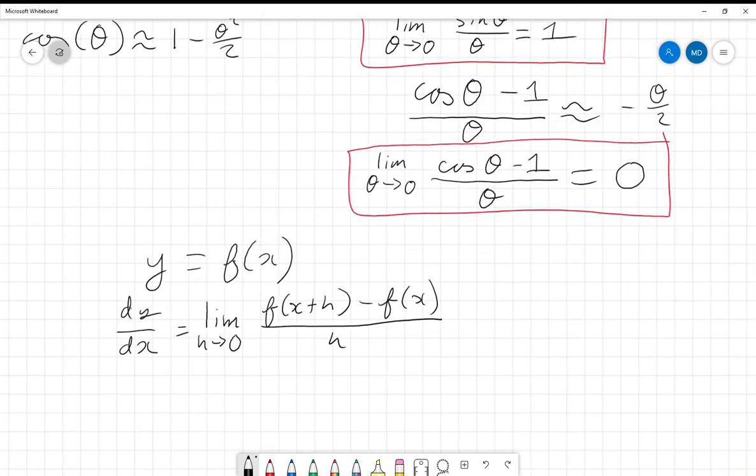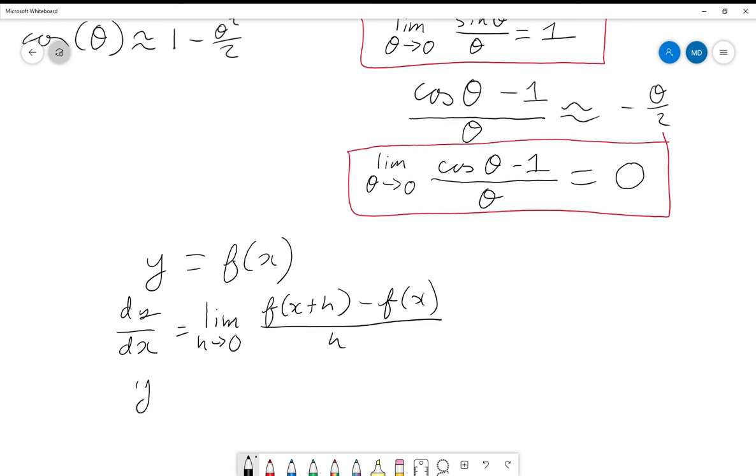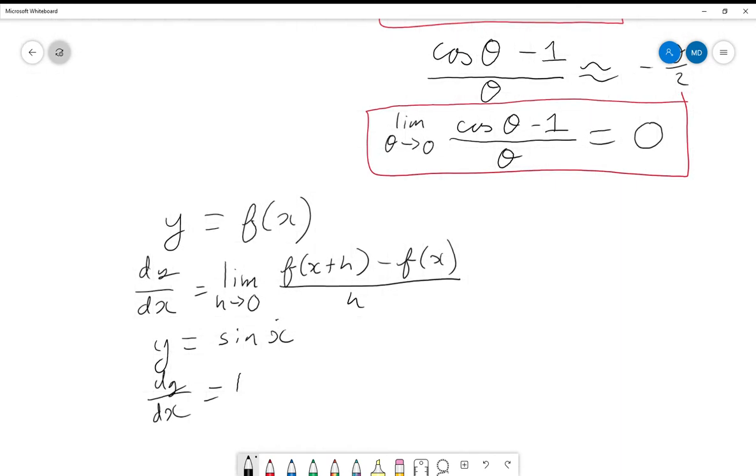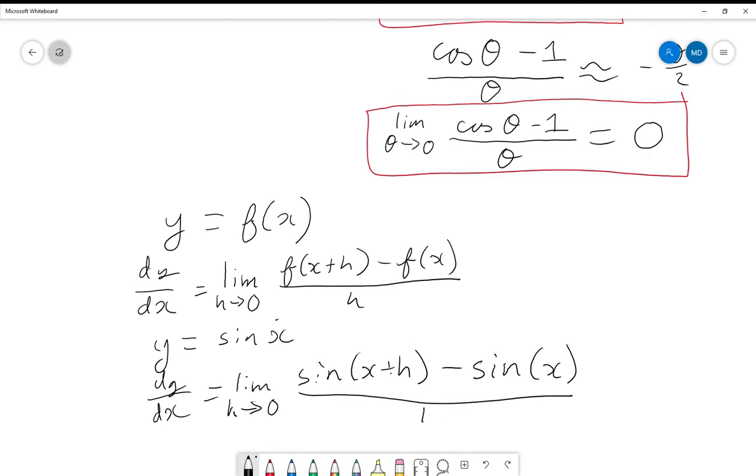And in this case, we're dealing with y equals sine of x. And so our dy by dx is going to be equal to the limit as h tends to 0 of sine of x plus h minus sine of x all over h.